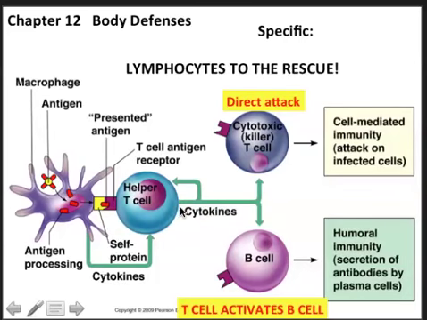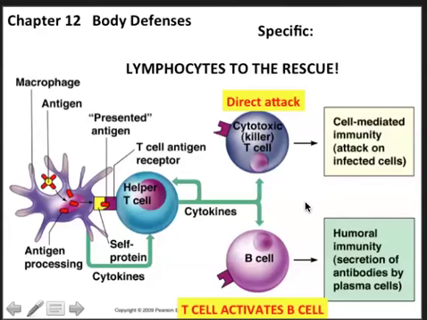The result then is that for those cytotoxic Ts and those B cells that also recognize the exact same antigen, they will also be stimulated by this helper T cell, which will produce a chemical that will promote their rapid multiplication. This will generate now an army that will be capable of going out and fighting specifically the invader.